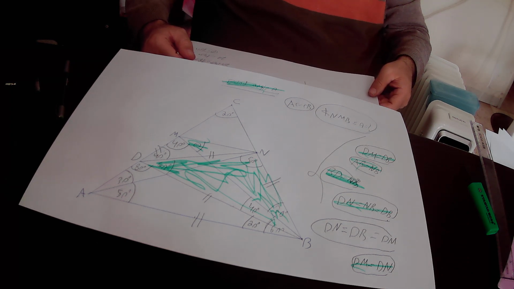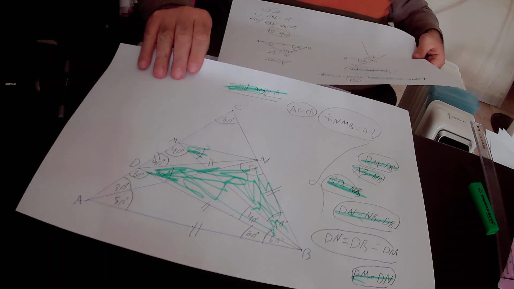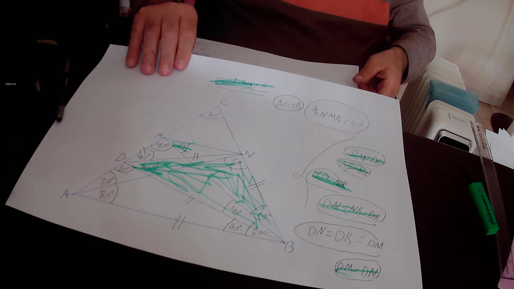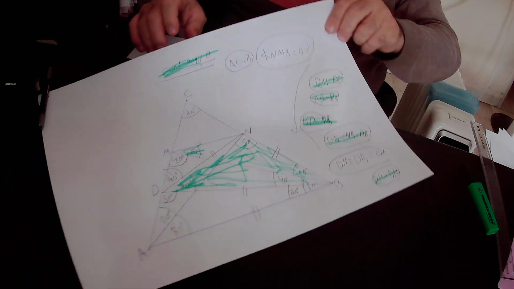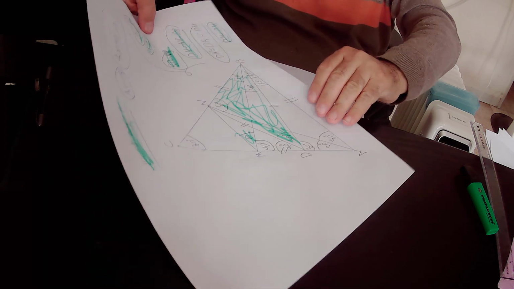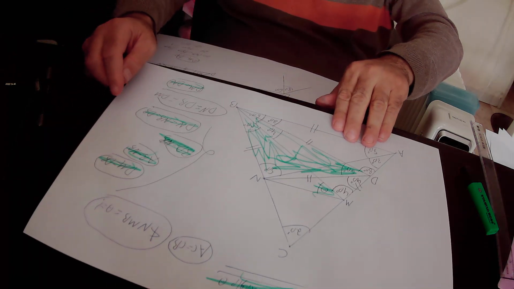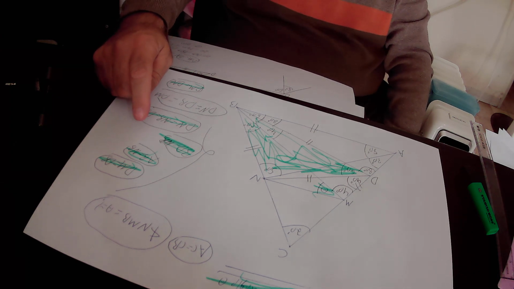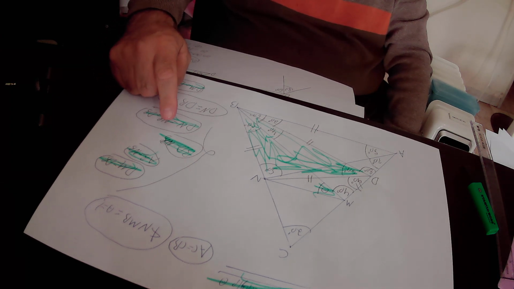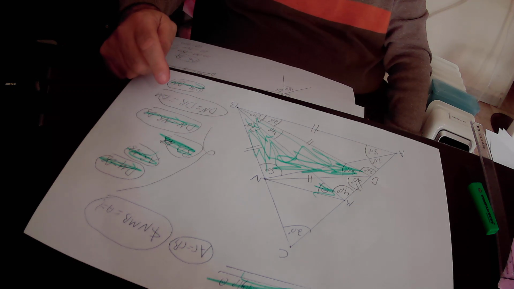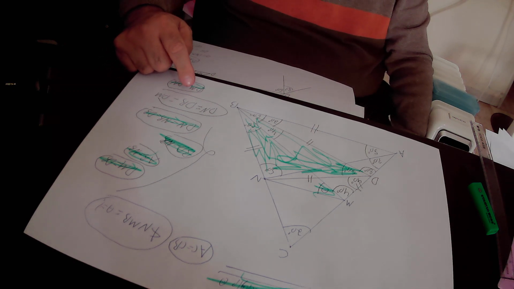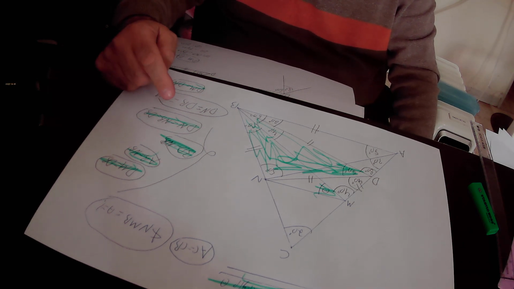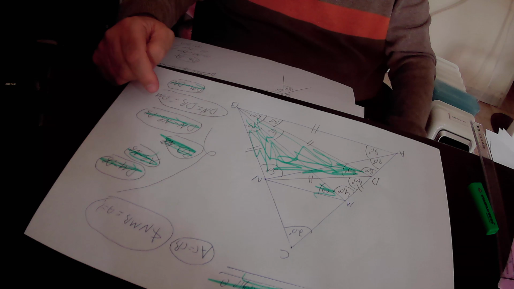And we know, we have already found out here that DB equals NB, and DN equals NB equals BD.